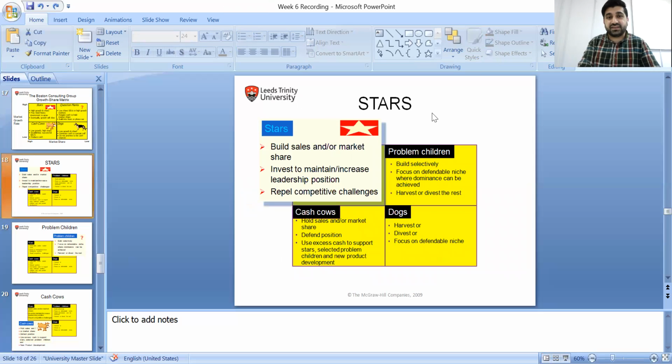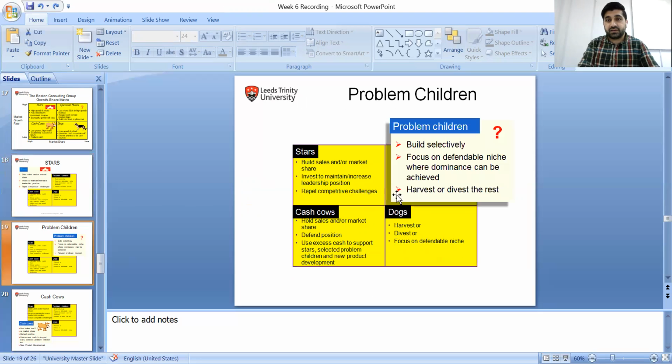So here we can see in star, build sales and market share. In the star stage, we invest to maintain or increase leadership positioning and repel competitive challenges. Here at the question mark point, as I discussed, we have no idea whether our business will be successful or not.